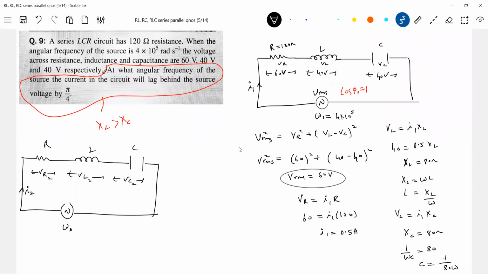Now what is the basic condition here? VL2 will be greater than VC2. Then only it will become a lag circuit. It's nothing but the concept of series resonance. I'm bringing it in another way. Now let's write the voltage triangle.